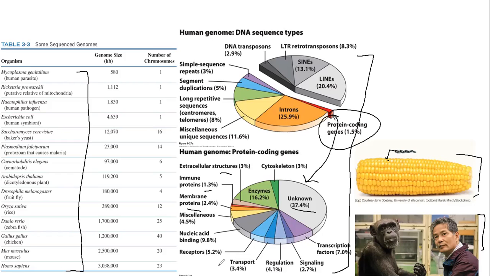One other cool thing to notice about sequencing genomes, if you look at the number of chromosomes, that doesn't tell you the complexity of an organism. A chicken has 40 chromosomes. We only have 23. Most people would say a human is more complex than a chicken though. Also, the amount of DNA doesn't actually tell you complexity either.